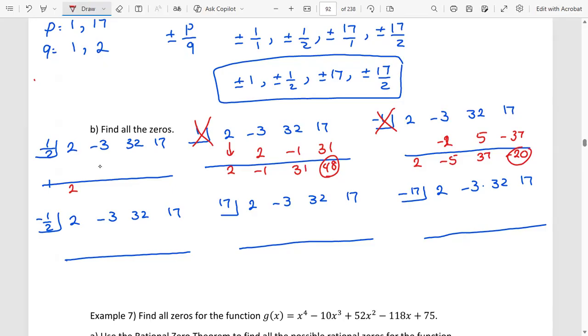2 times 1 half means 2 over 2, which is 1. Negative 3 plus 1 is negative 2. Negative 2 times 1 half, you can cancel 2 by 2, so it gives you negative 1. 32 minus 1 is 31. 31 times 1 half, which is 31 over 2.